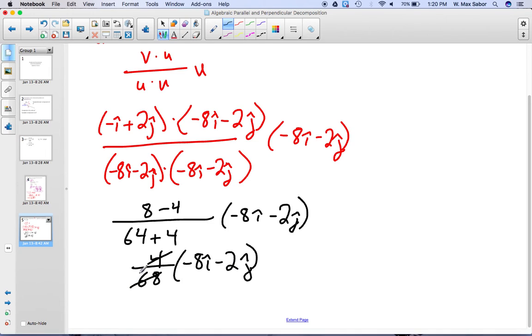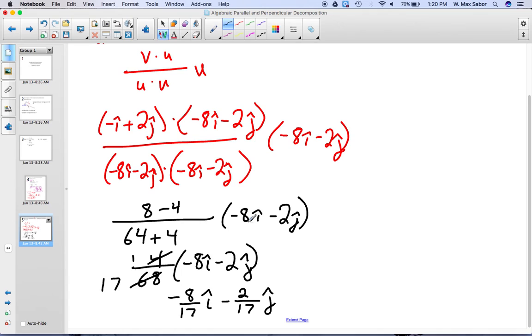We can simplify this to 1 over 17, so this whole thing becomes negative 8/17 i minus 2/17 j.